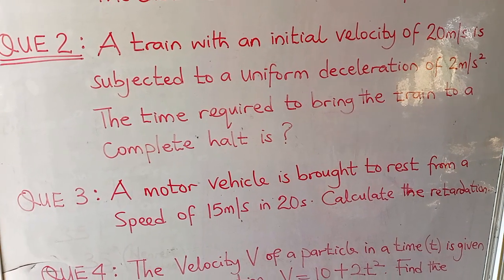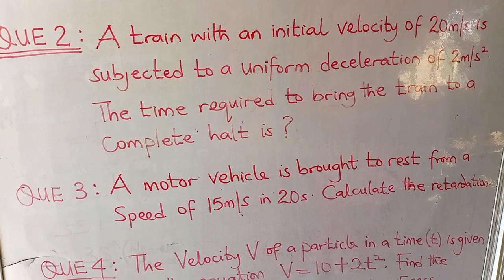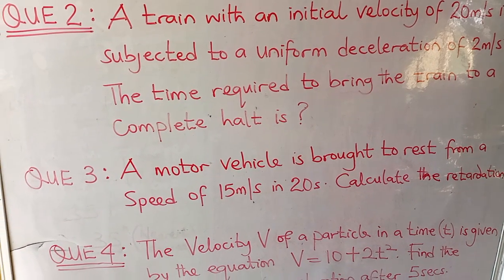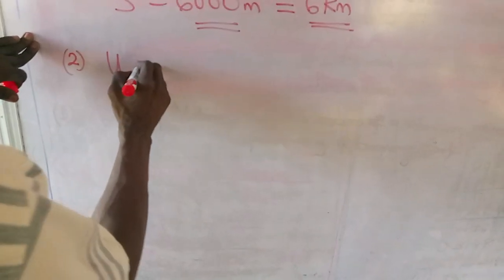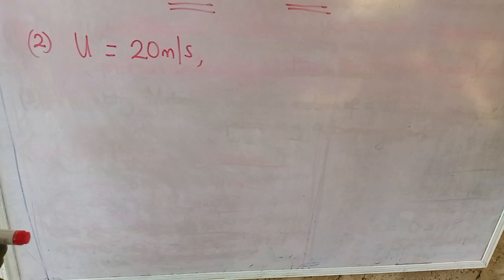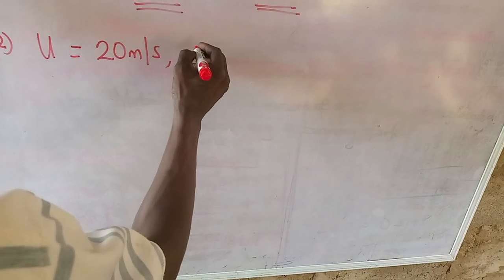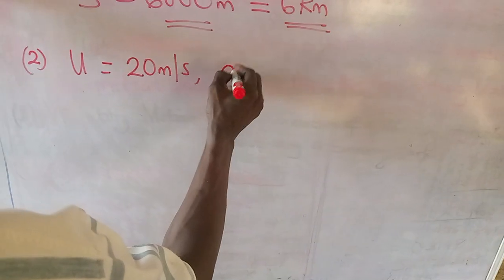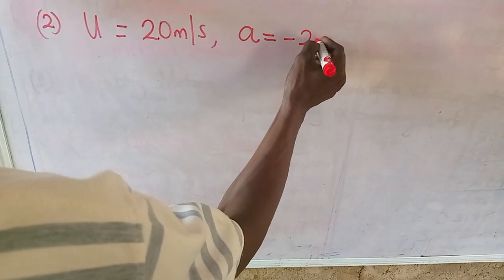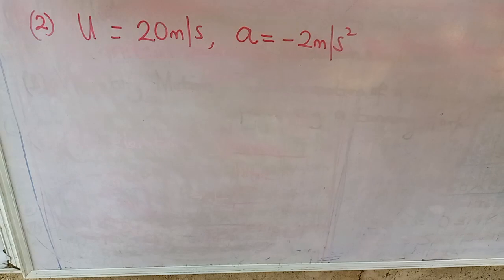The time required to bring the train to a complete halt: initial velocity u equals 20 meters per second, and deceleration is negative acceleration, minus 2 meters per second squared.